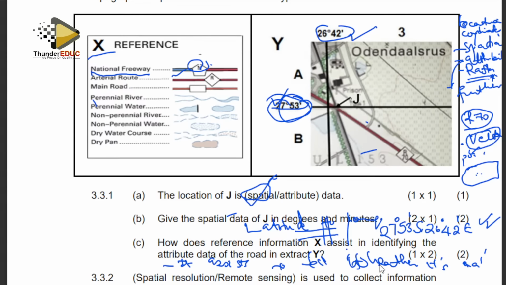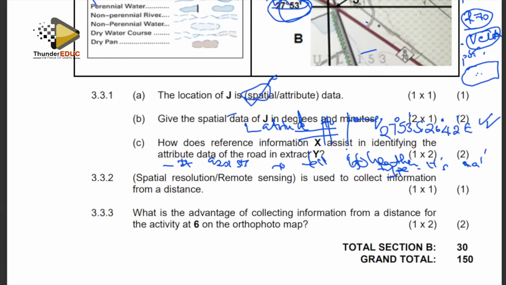In other words, it assists to tell which type of road it is. That's all. Is it a national road? Is it a main road? Is it an arterial road? Like that. So you can only tell the type of the road by looking at the key to identify that this road that looks like this, that has this color, is this kind of road. Okay, it's this kind of road. All right. We go on.